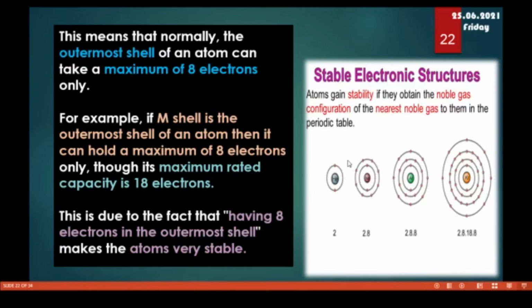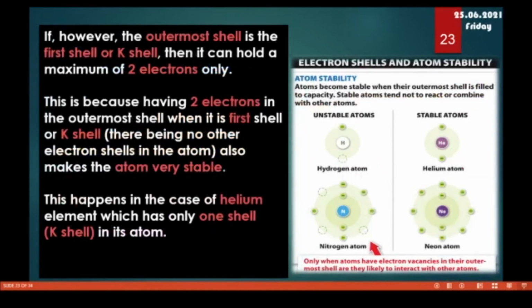For helium, atomic number 2, the K shell is filled. For neon, 2 in the K shell and the L shell has 8, fully filled. Argon is 2, 8, 8. Krypton is also fully filled. So having 8 electrons in the outermost shell makes atoms very stable, and these noble gases are always stable.